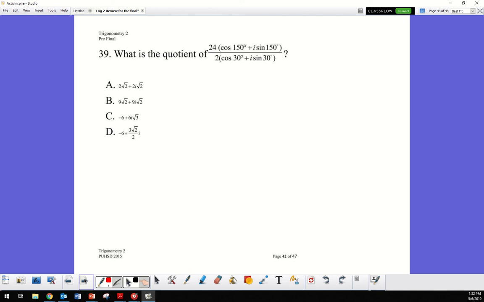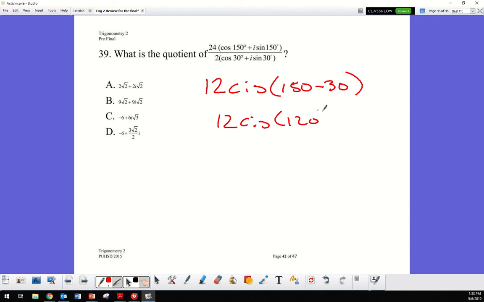Quotient. Now, if a multiplication, if a product, we add angles. Quotient, we subtract. So it's going to be 24 divided by 2 is 12 CIS of 150 minus 30. So it's 12 CIS of 120.